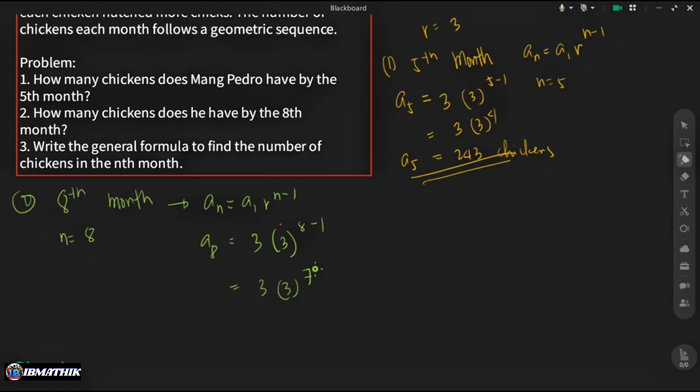What is 3 raised to 7? 3 raised to 7 is equal to 2,187 multiplied by 3.